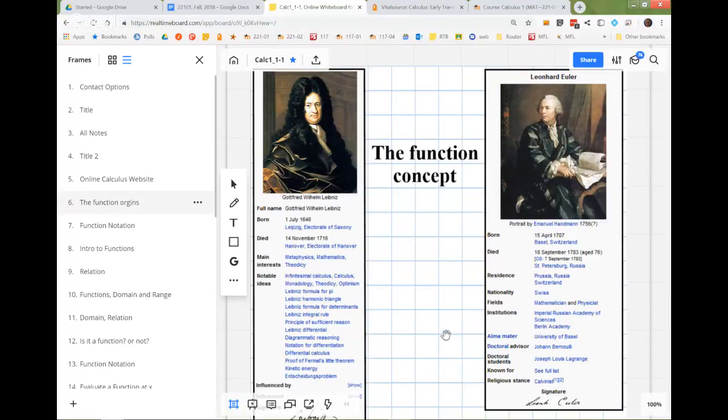The other one is, anybody know? Besides Leibniz, the other discoverer? Is it Newton? Yep, that's right. Isaac Newton. Thank you. Excellent.